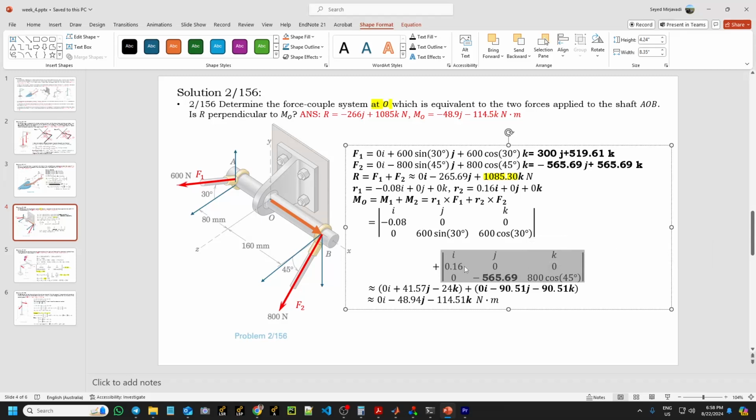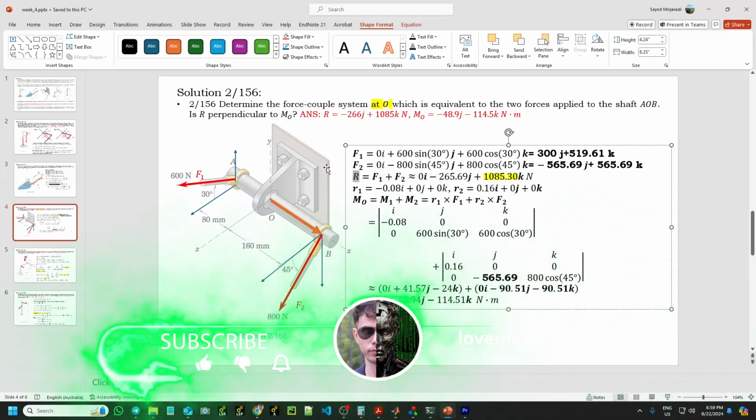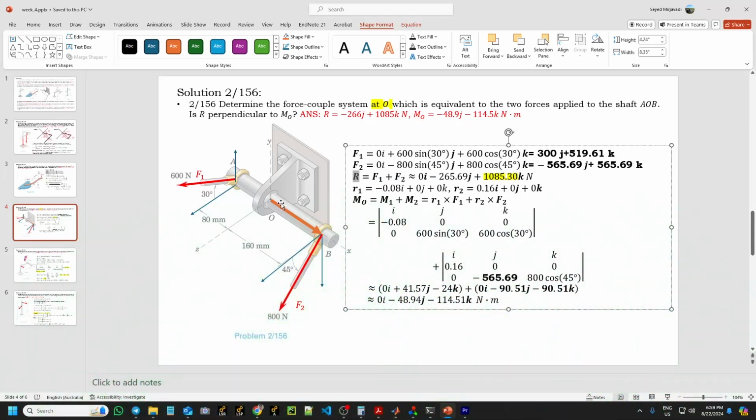For example, this determinant will be equivalent to this vector, and the first one is equivalent to this vector, and we will add them up. So this will be the equivalent moment at the point O for these two systems. And we have already obtained the resultant force. So we find the force couple system at the point O.